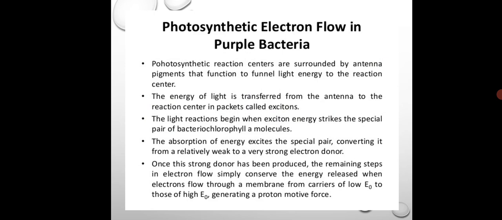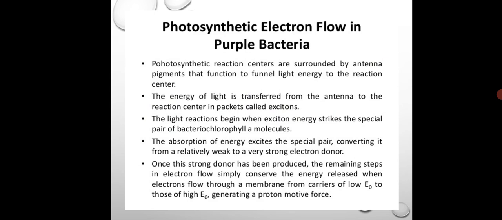In purple sulfur bacteria, the bacteria can accept electrons from hydrogen sulfide, H2S, or sulfur atoms. And in purple non-sulfur bacteria, they can accept electrons from hydrogen or any hydrogen compound.